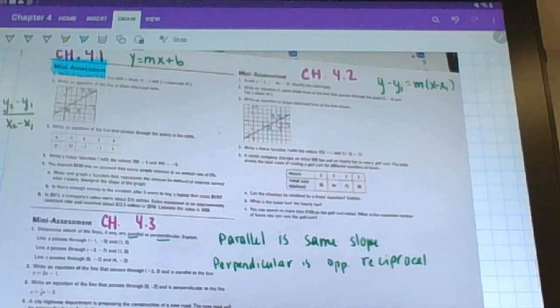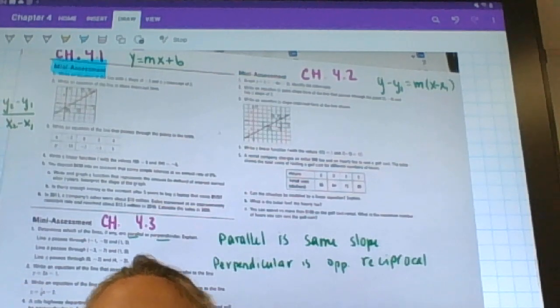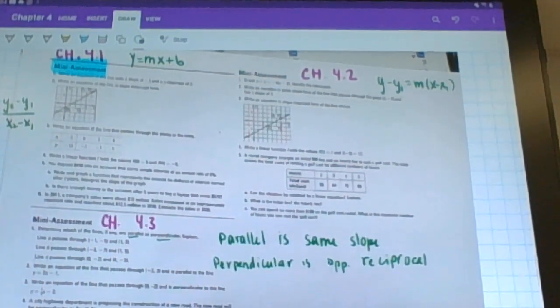Every time it says write an equation, they're looking for y equals mx plus b. So you've got to find the slope and the b value. Keep going.